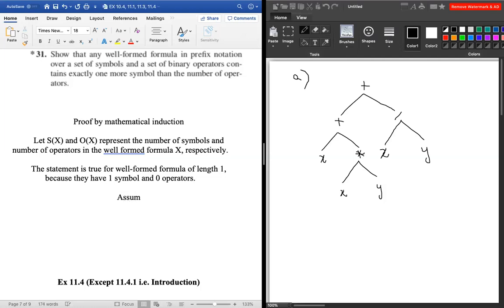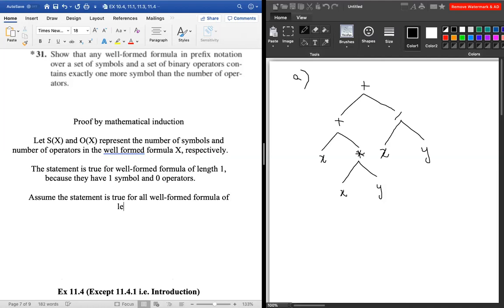Now assume the statement is true for all well-formed formulas of length less than n.